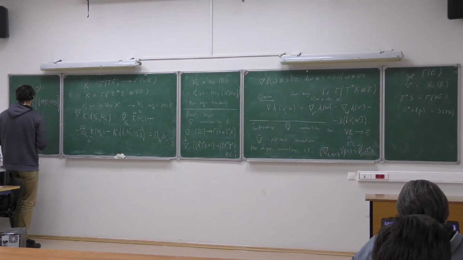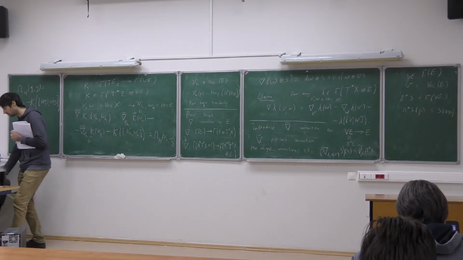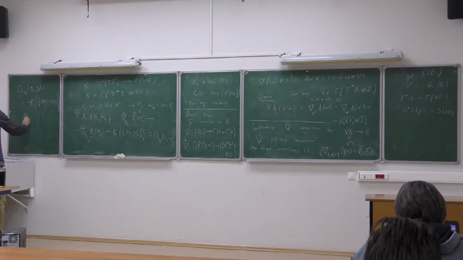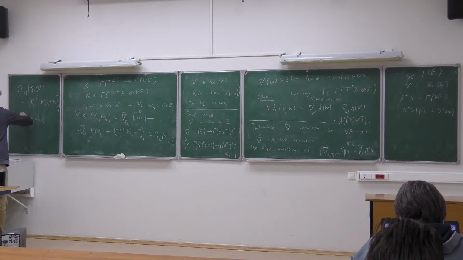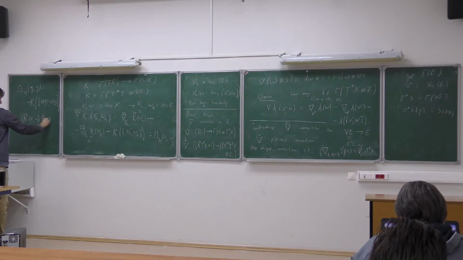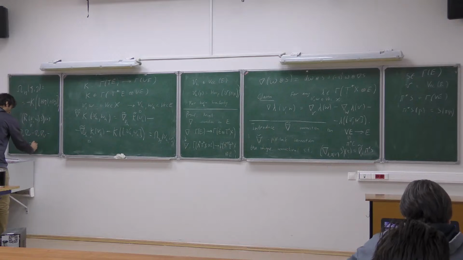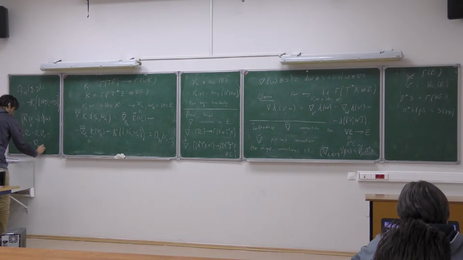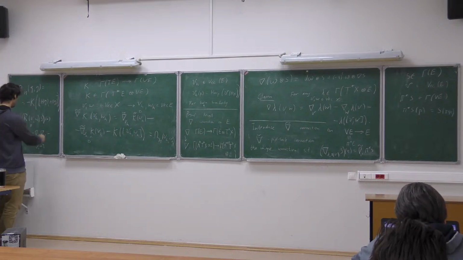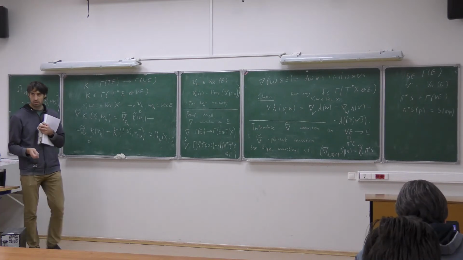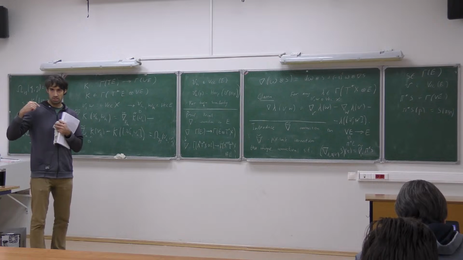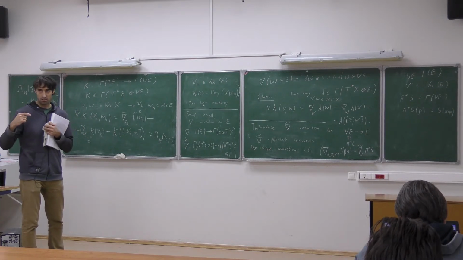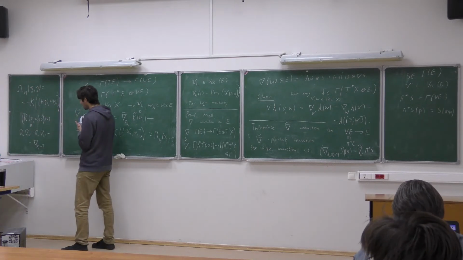We had this, let me write it here: R of V, W applied to S, and I wanted to relate this at X. And this is nabla V nabla W minus nabla W nabla V minus nabla of the commutator of V and W. The idea is that this tensor depends only on the values of V, W, and S at X. So it's some computation, right?